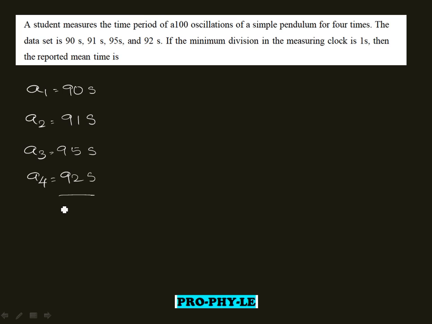The sum of all these will be 368. So A mean will be equal to 368 by 4, that will be 92.